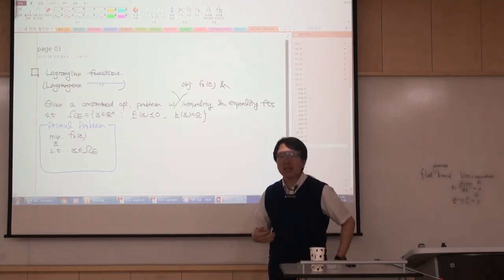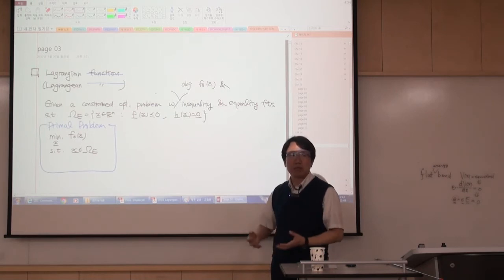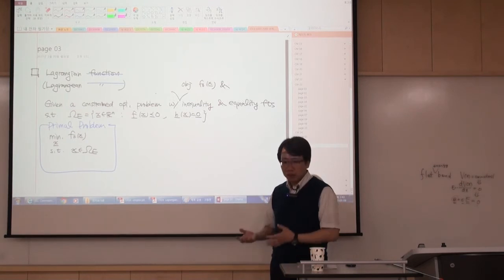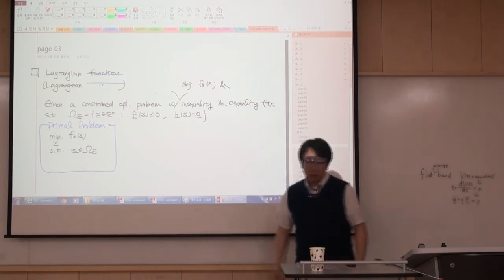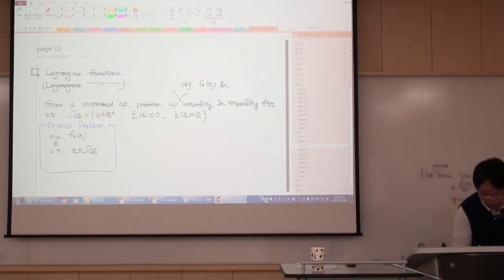I just say Lagrangian function, but many people just say Lagrangian, because if I say Lagrangian function, many people misunderstand it as the Lagrangian dual function. Anyway, the Lagrangian is this one. Let's use capital L to denote this Lagrangian function.